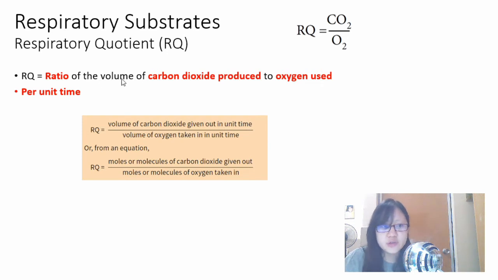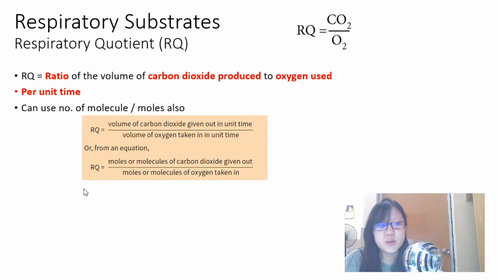So the ratio of the volume of carbon dioxide given out, breathed out, to the volume of oxygen used in a certain amount of time. And of course, you can use number of molecules or moles as well, as long as both on top and the bottom are the same. We can do this experimentally and measure the volume of carbon dioxide given out and taken in, or we can use equations to figure it out.